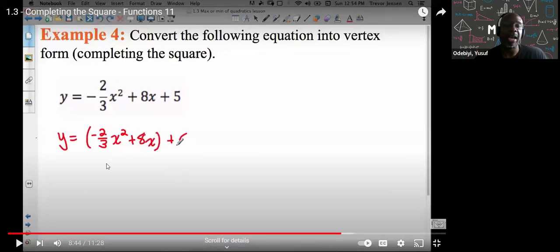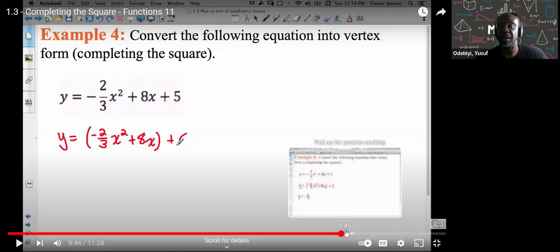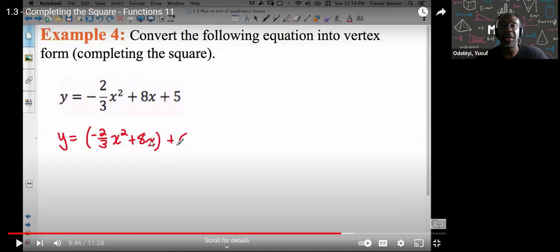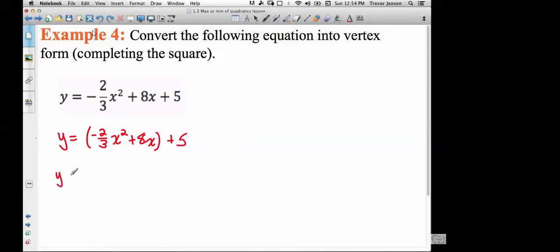Now I have to factor out the negative 2/3, and if I factor it out, I also have to factor it out of the 8x. That's not that easy, because for the 8x, I have to divide 8x by negative 2/3. Okay, I'm going to play the video and we'll take it from there. Next, we factor out whatever number is in front of the x squared.